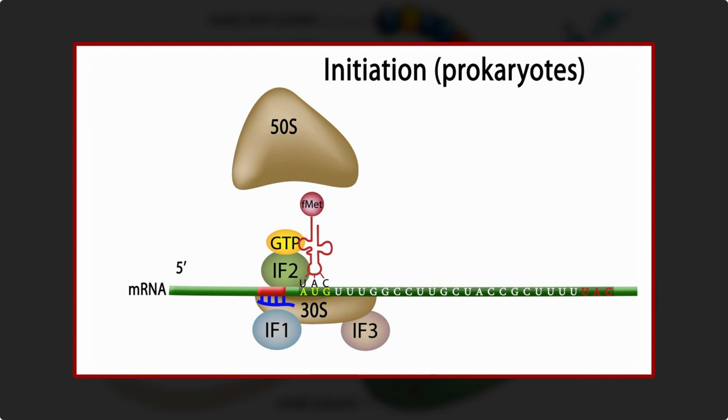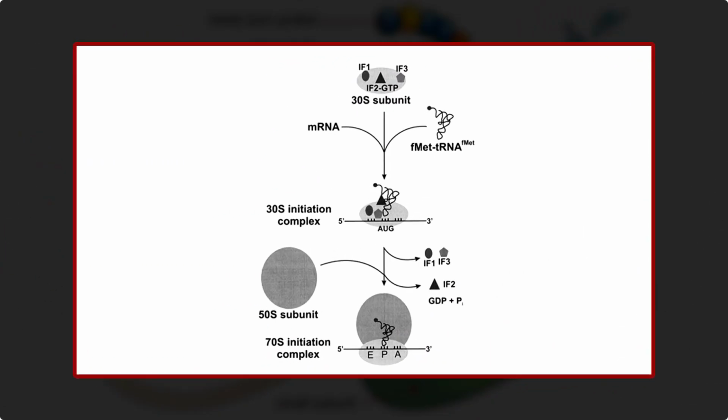Initiation of protein synthesis requires proteins called initiation factors. In prokaryotes, 3 initiation factors, IF1, IF2, and IF3, are essential. Because of the complexity of the process, the exact order of binding of initiation factor 1, initiation factor 2, initiation factor 3, and formylmethionine tRNA is controversial.